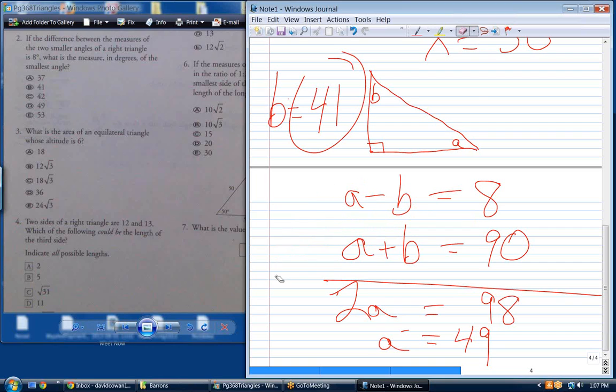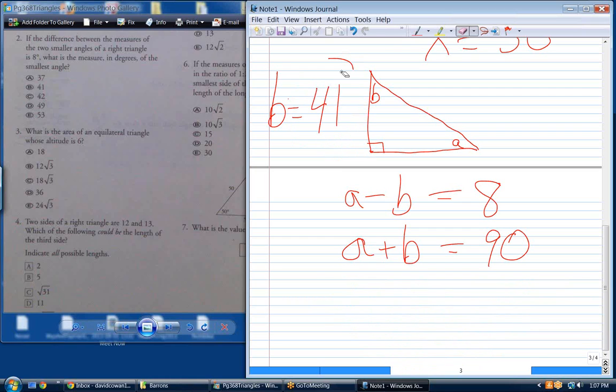Now, let's just go over the math here. You can add or subtract any two equations. So even though the easiest way to solve these two equations was to add them, we actually could have subtracted them and immediately solved for b.